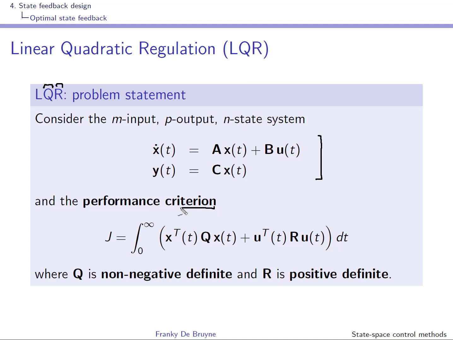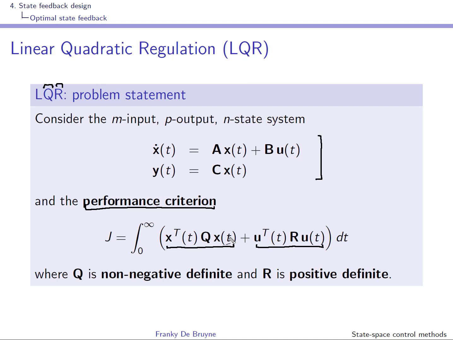So the performance criterion that we're using is an integral from 0 to infinity of this quantity over here. And you see that there are two terms, one that penalizes the state. You want the state to go to 0 as fast as possible, and the other term is a penalty on the control energy.